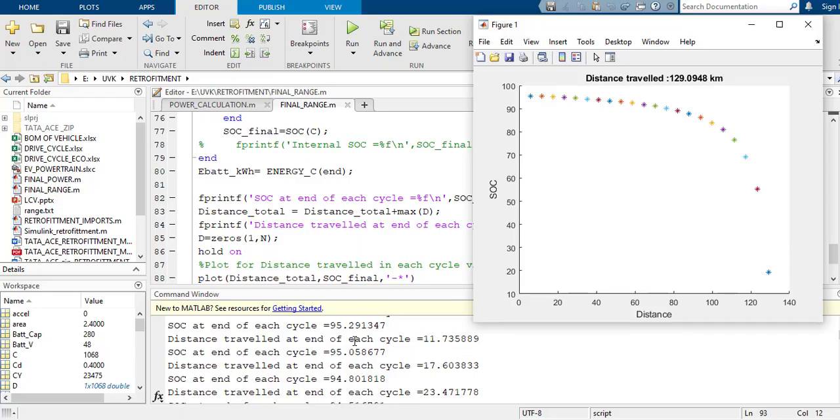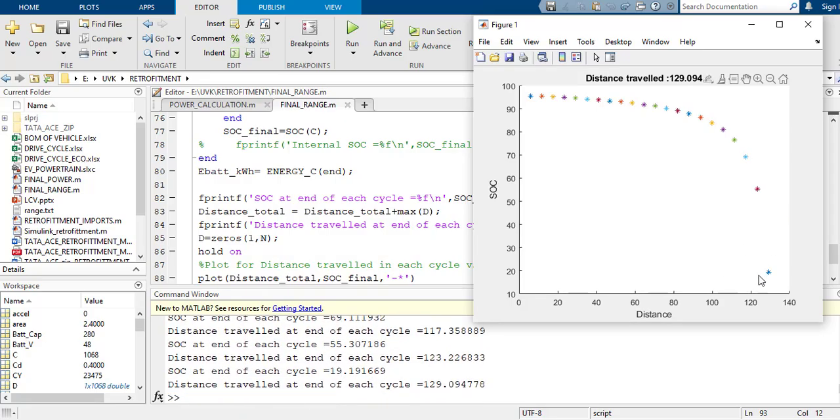Then after a particular iteration, we find that whenever there is 20% SOC remaining, we have traveled 129.09 kilometers. So this 0 to 20 is a reserve for the vehicle.